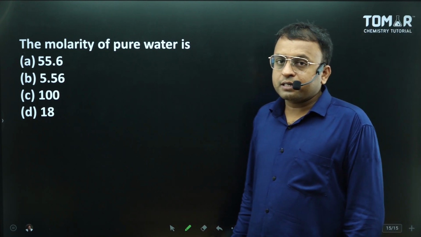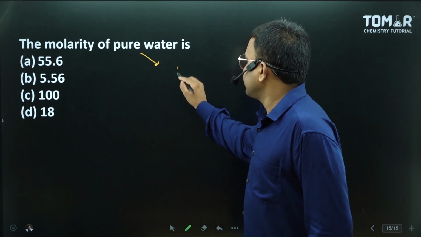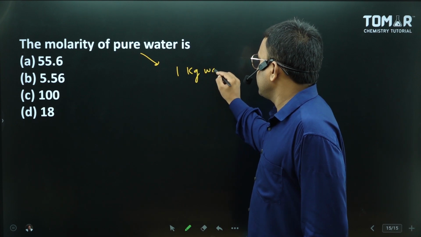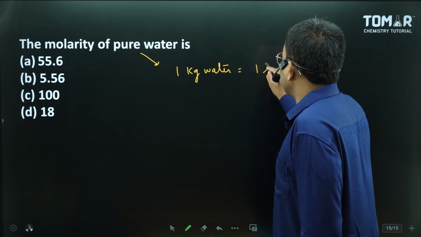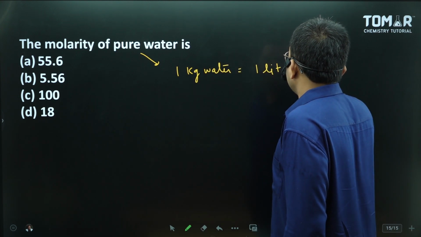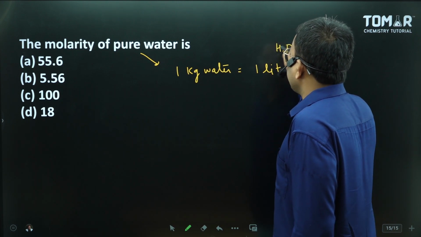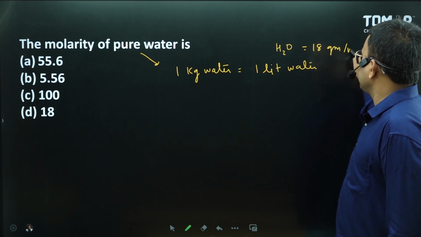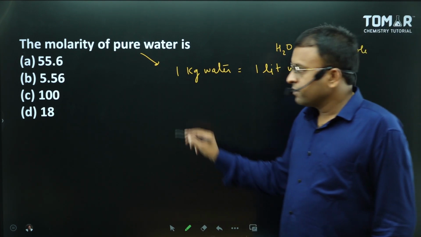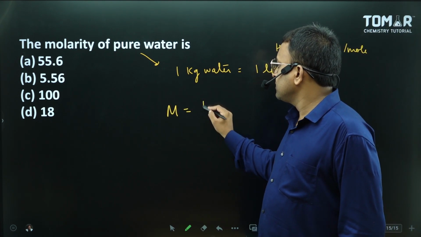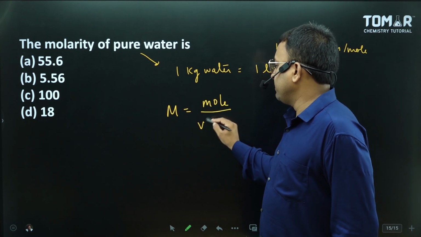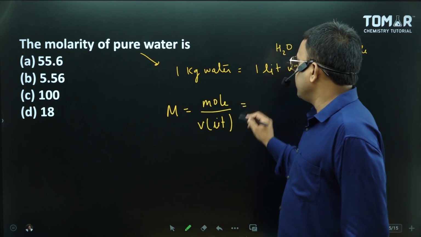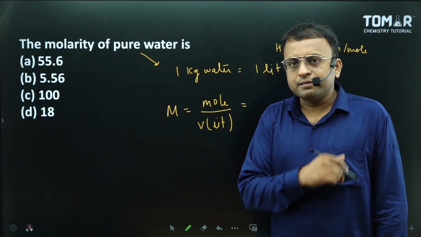The molarity of pure water is, take 1 kg water. 1 kg water is equal to 1 liter water. Water has molecular weight of 18 gram per mole. So molarity is mole divided by volume in liters, and mole is weight divided by molecular weight.